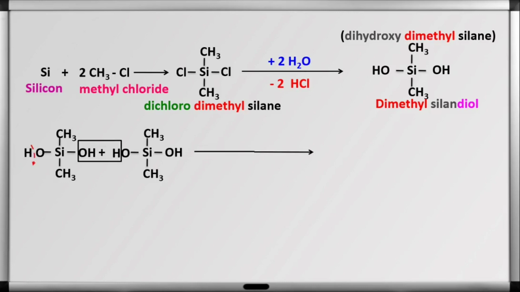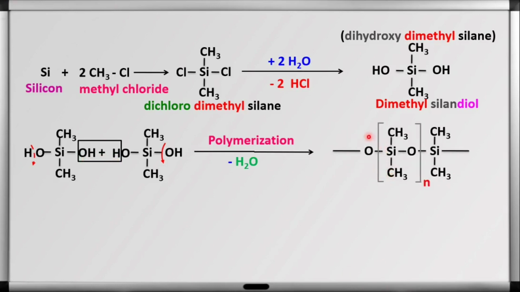After the polymerization, see here, loss of water molecule. हा एक H आणि हा OH molecule loss होईल. इथे OH आणि हा H molecule loss होईल, and see here there is a formation of, इथे एक oxygen आहे, इथे एक oxygen आहे, and this is the number of moles, and this is the silicone. याला आपण silicone असं म्हणतो. Okay, so keep it in your mind. This is the silicone. हे silicone आहे. Okay, this is the silicones.